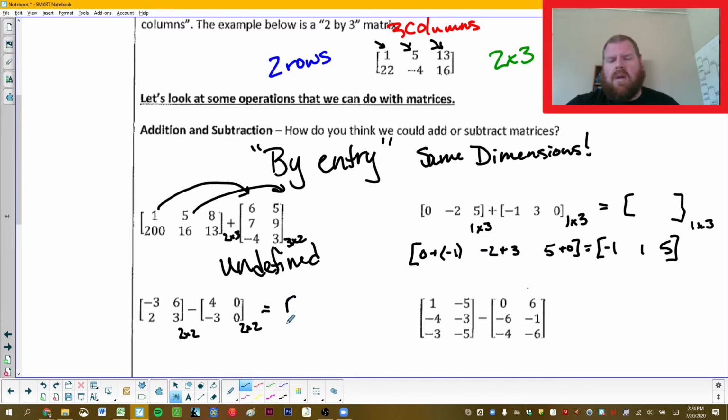So if we go ahead and do that, -3 minus 4 is -7. 6 minus 0 is 6. 2 minus -3 is 5. And 3 minus 0 is 3. So that's our answer for that one.